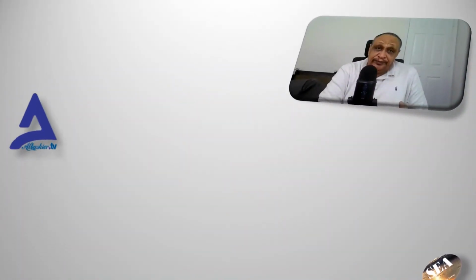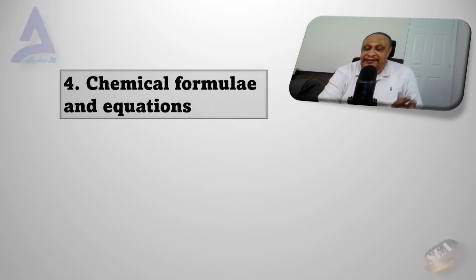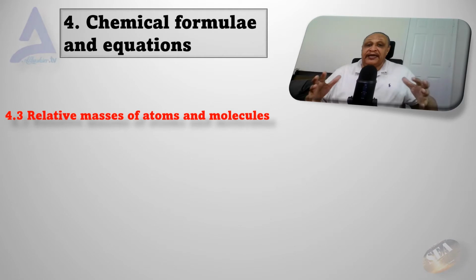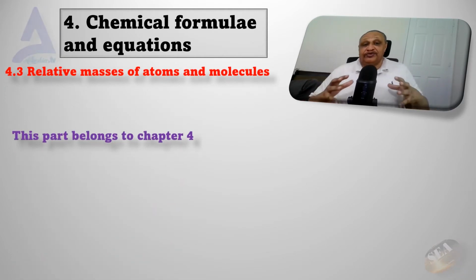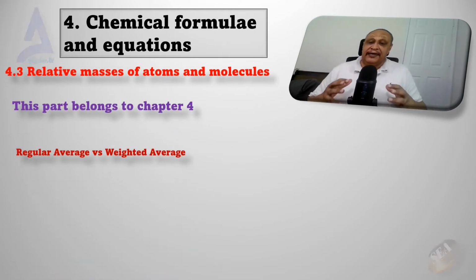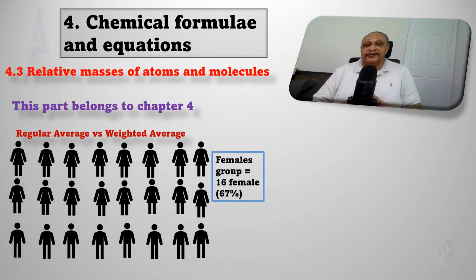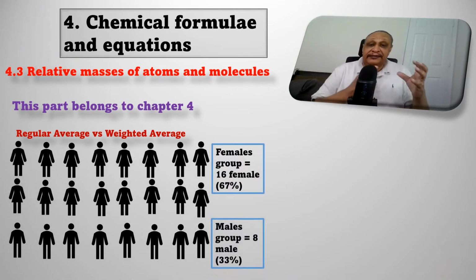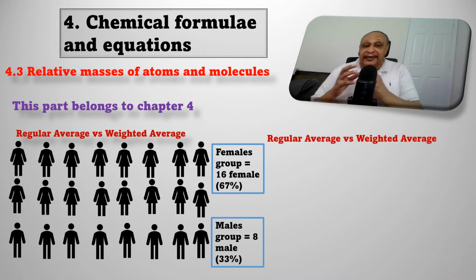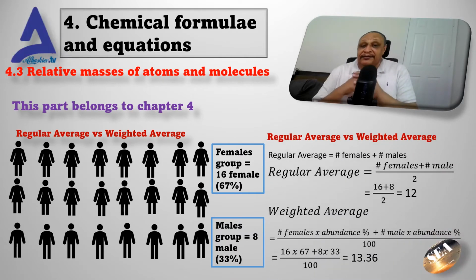Now, in this example, let us assume that we have a statistical community, and this community is formed of two categories, the males and females, and we have 16 females and 8 males.